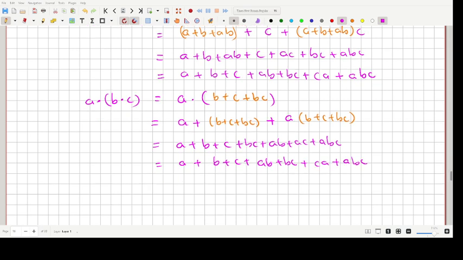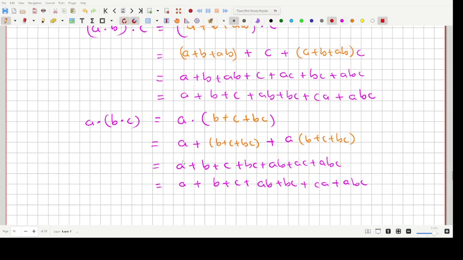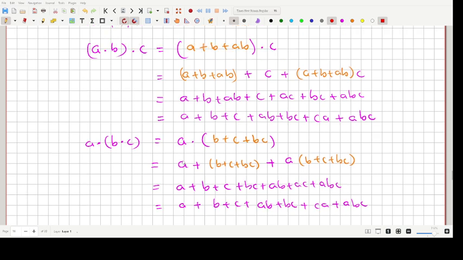And from here, you can see clearly that element wise, a dot b dot c is exactly the same as a dot b dot c, right? Because let's look at this now. We have got a there, a over here. We have got b over there, b over here. We have got c over there, c over there. We have got ab and ab. We have got bc and bc.